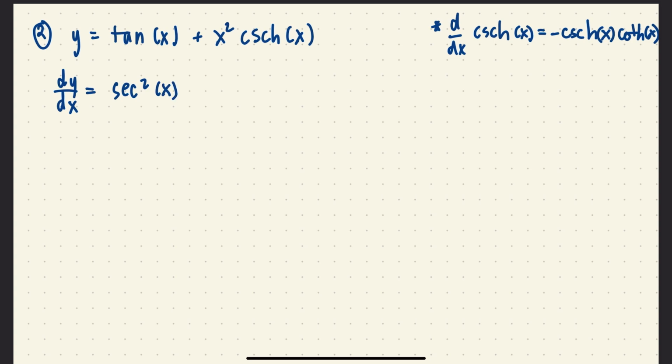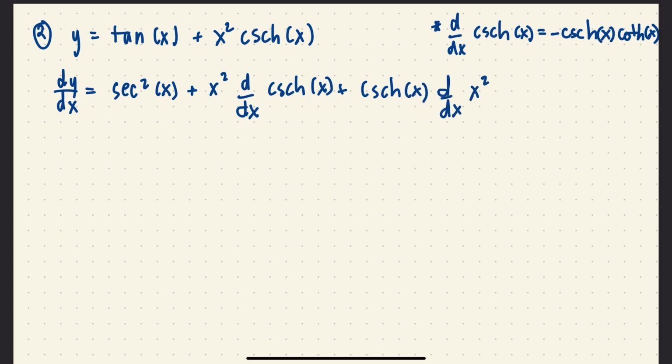Now, for the second term, you will use the product rule. So u dv plus v du, or v du plus u dv. Plus hyperbolic cosecant of x times the derivative of x squared.